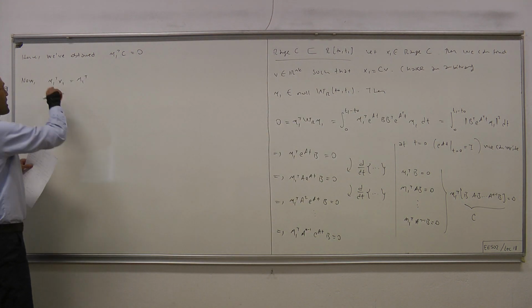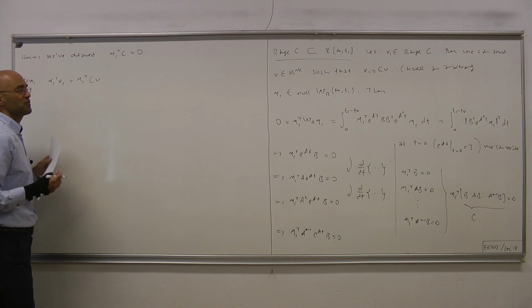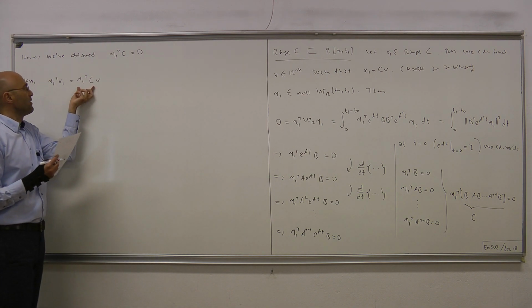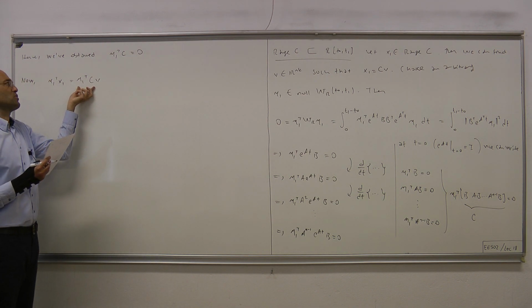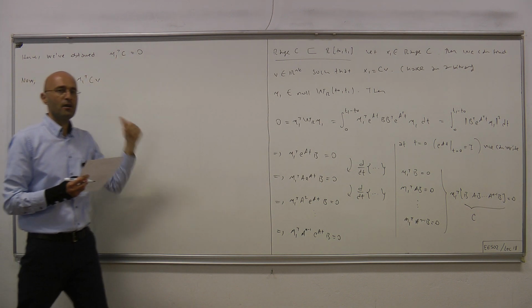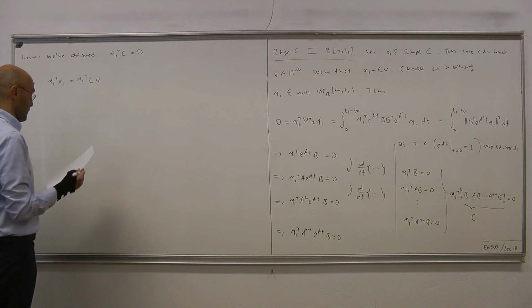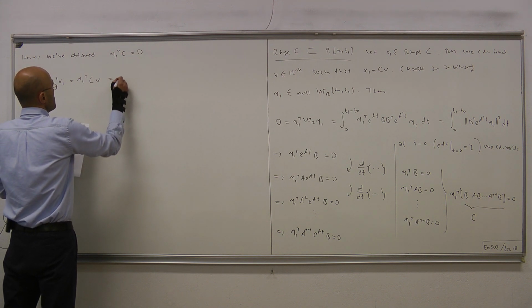Okay, so let's replace x1 by that expression C times v, and then immediately this appears, eta 1 transpose times C, which we have just shown to equal 0. Okay, so that equals 0.